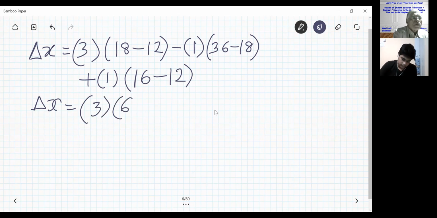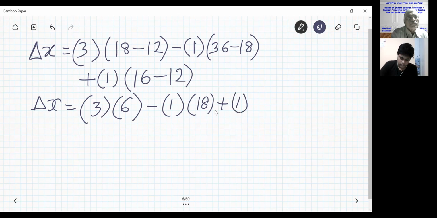Delta X is equal to 3 into 6, minus 1 into 18, plus 1 into 16 minus 12, that is 4, 1 into 4.